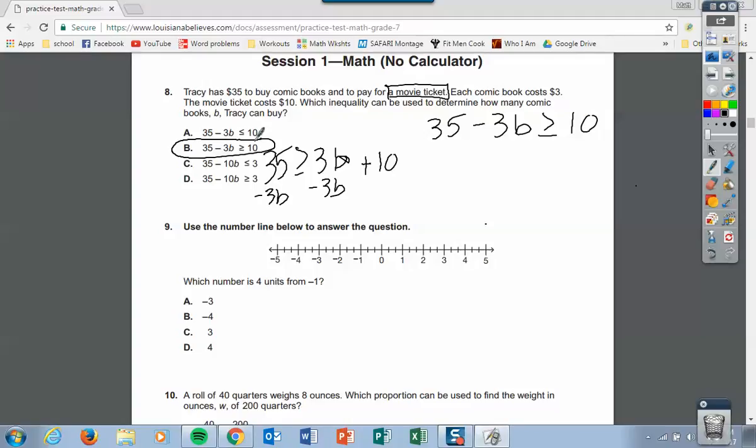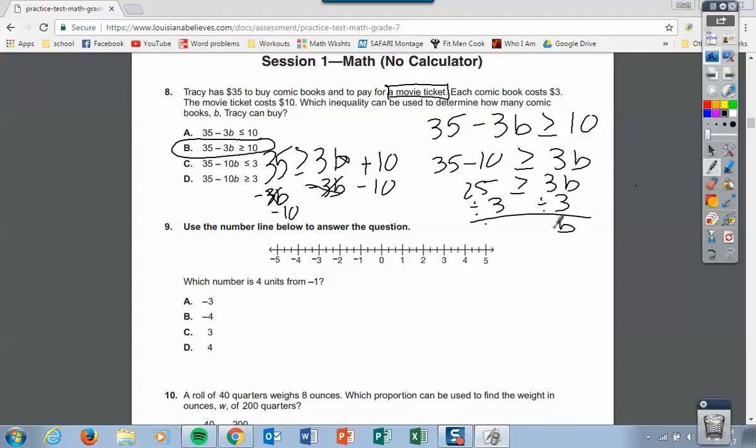Let's see what we get if we solve for 3b instead. If we subtract 10 from both sides, 35 minus 10 is greater than or equal to 3b. This gives me 25 is greater than or equal to 3b. We divide by 3, we divide by 3. That gives us b over here. Or wait, rather, excuse me, I need to actually divide the whole thing by b, so I would get 25 over b is greater than or equal to 3. That is not up there, therefore B is the correct answer here.